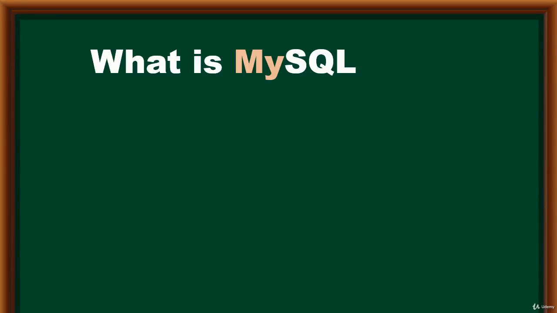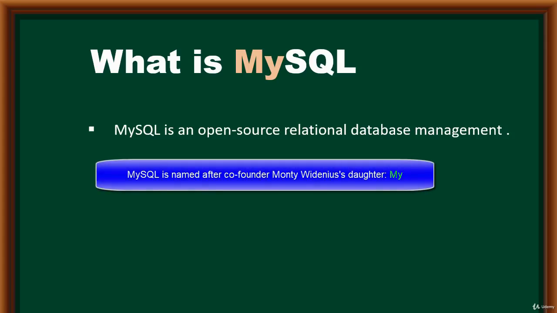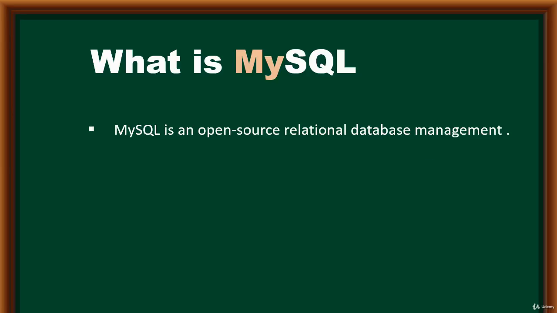What is MySQL? MySQL is an open source relational database management system. So it's a software used to manage databases. Open source means that it is open for other developers to contribute to make it better. MySQL can be implemented on a variety of platforms.